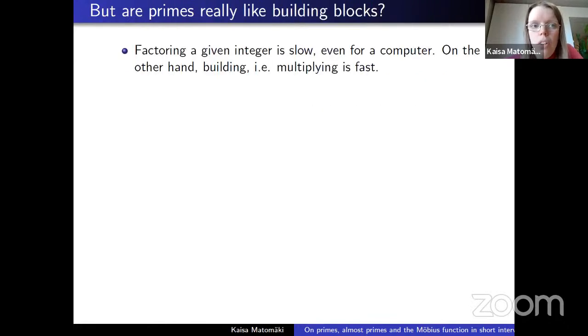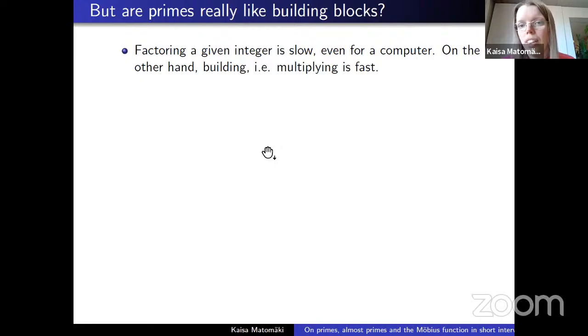And so then the question is, are the primes really the building blocks of the integers, or are there some differences? If you think about factoring a given integer, if you have some integer like 5,300,076, it's not easy to factor it. It takes quite a lot of time. Of course, with this size of numbers, a computer can do it quickly, but by hand it takes time. And if the number is huge, then it takes a lot of time also for the computer. On the other hand, multiplying is much easier.